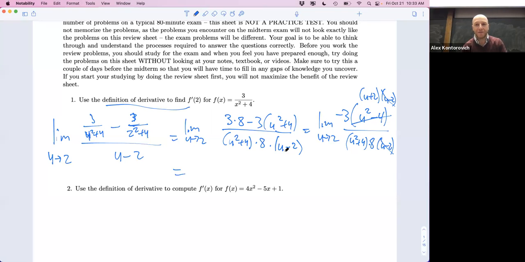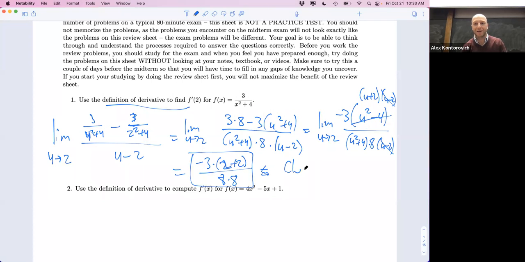So now I can just evaluate the limit, which is negative 3 times 2 plus 2, divided by 2 squared plus 4, which is 8, and then times another 8. So I'm getting a negative whatever. We don't have to simplify this. This is the answer. It's a numerical answer. We used the definition of the derivative to figure this out. It's a good idea to check your work knowing the rules of differentiation.